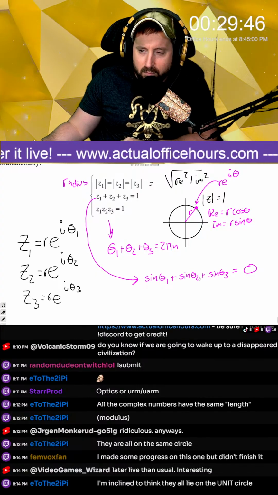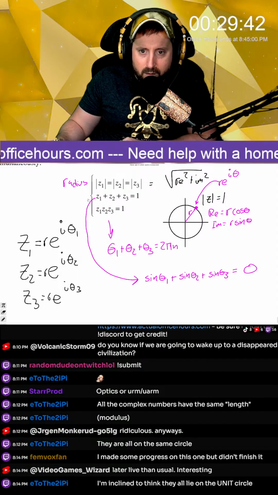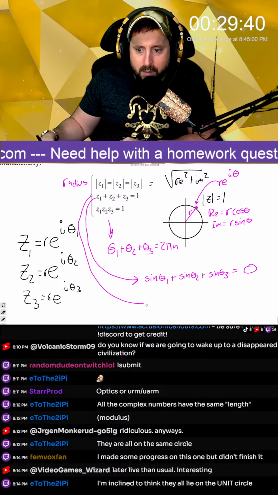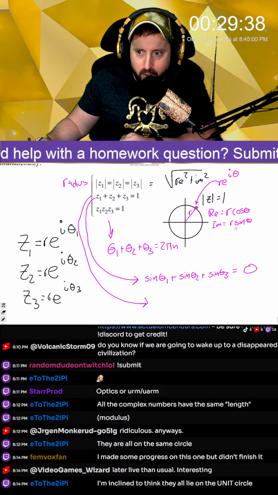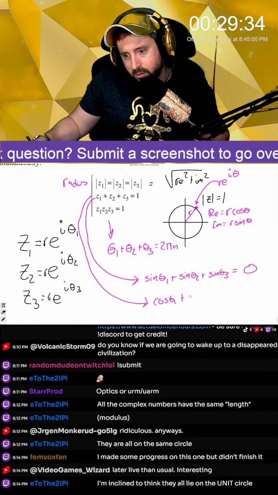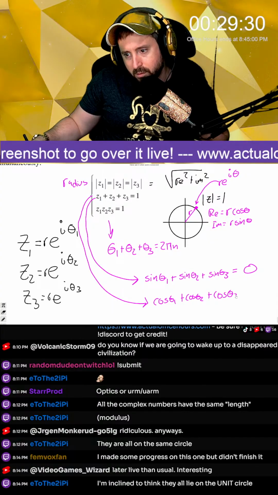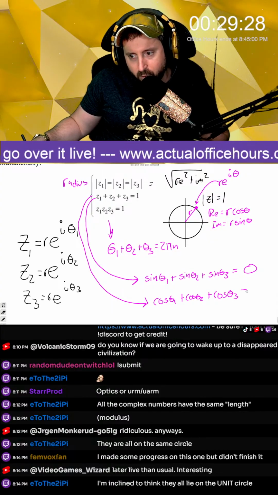Does that make sense? Yeah, I believe that's correct. And then that means the real parts have to add up to 1, but the real parts are cosine theta 1. Mm-hmm. Okay. And these have to add up to 1.